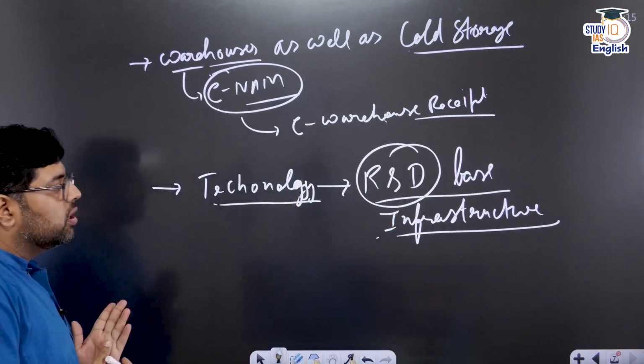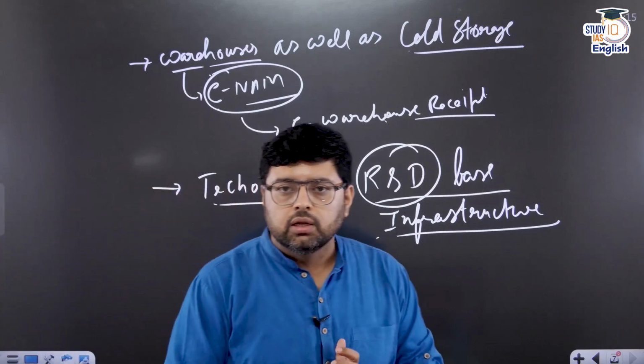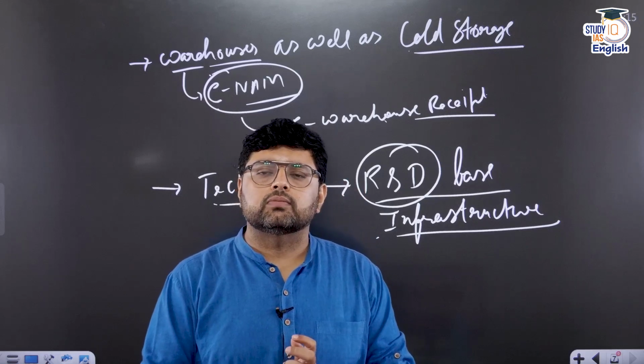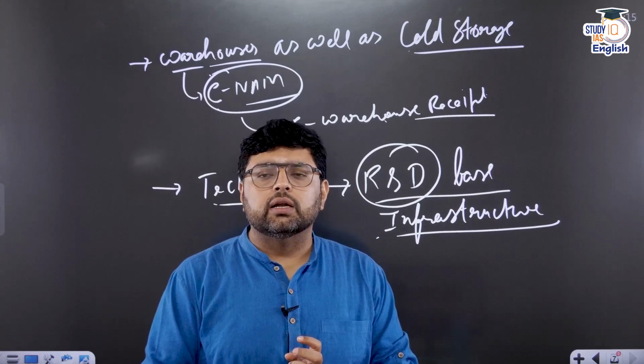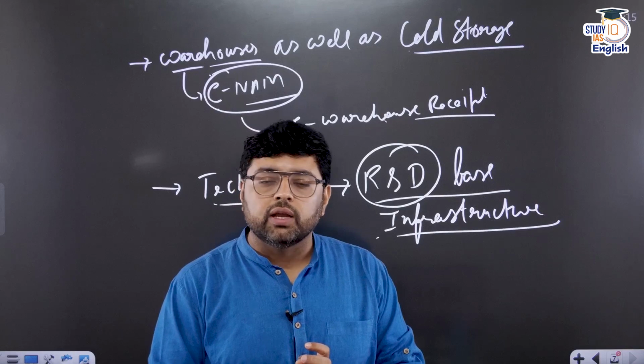So here we are talking about R&D. If we have a good research and development base, definitely it will help to create technology which is more effective or productive in nature.